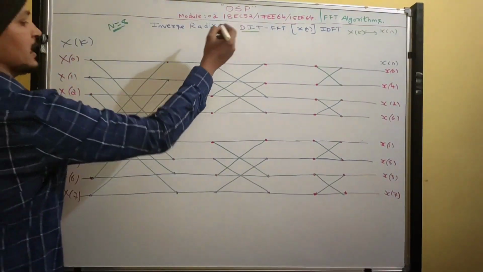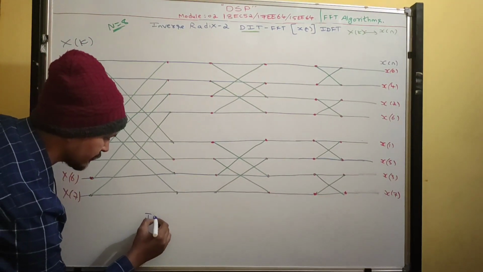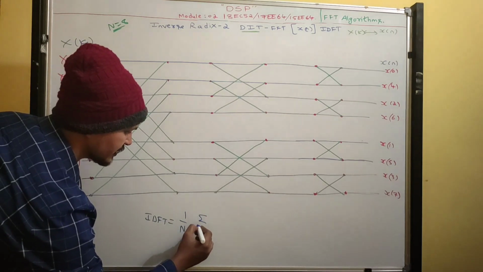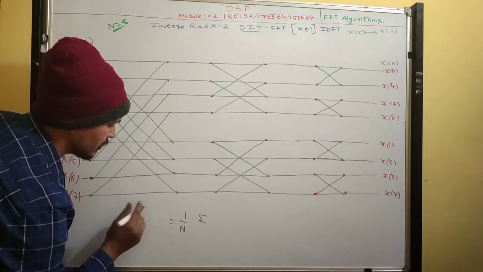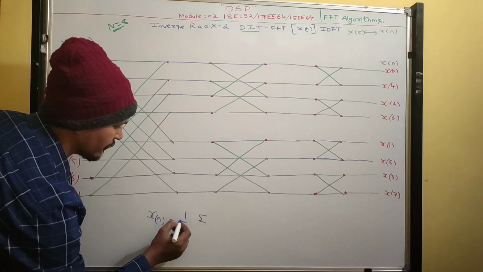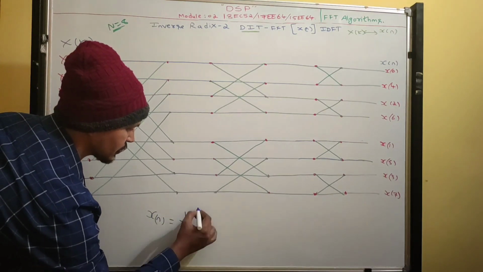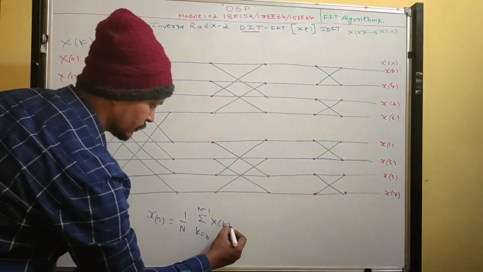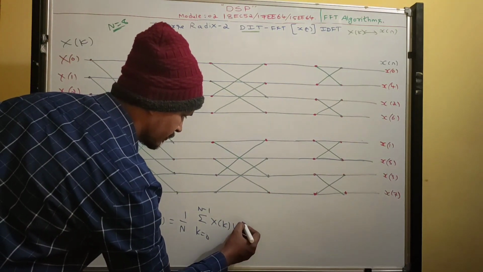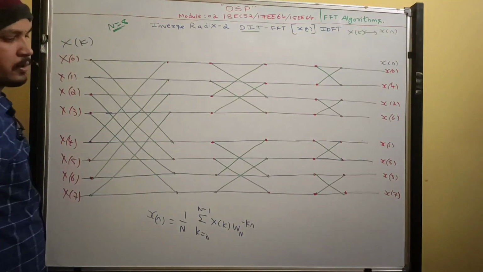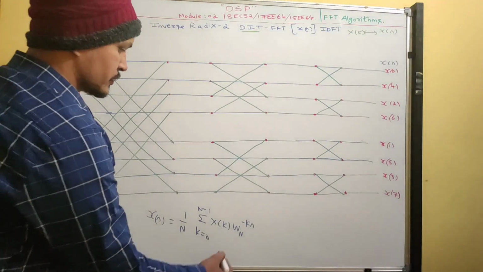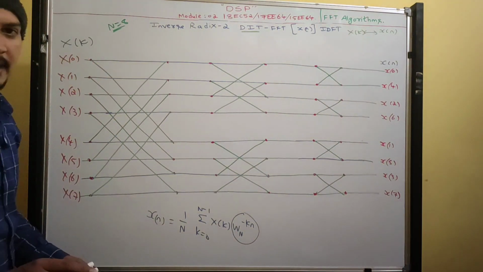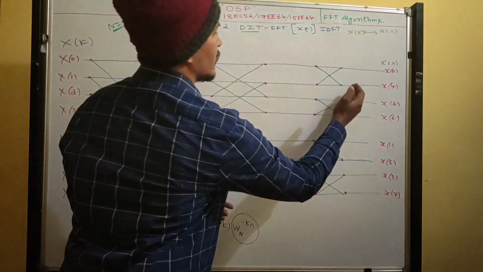So now IDFT. What is the IDFT formula in twiddle factor form? x of n is equal to 1 by n, summation k equals 0 to n minus 1, x of k into W_N to the power minus kn. So the twiddle factor has a negative power. You should write the twiddle factor after the butterfly.